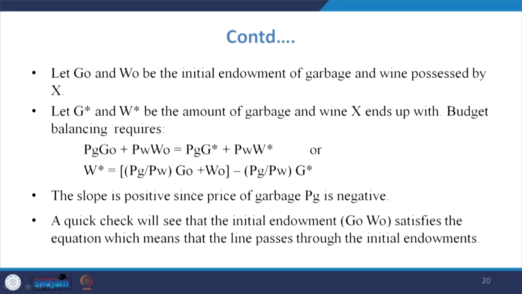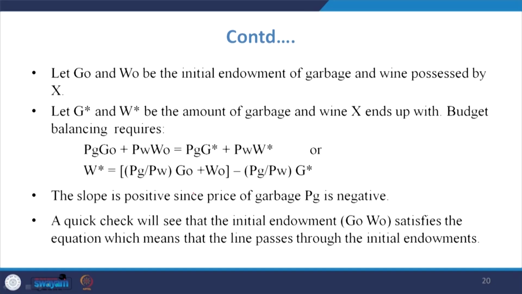Let us take G0 and W0 to be the initial endowment of garbage and wine. Let G star and W star be the amount of garbage and wine that person X ends up with after the trade. The budget balancing equation can be set up in the same manner here.